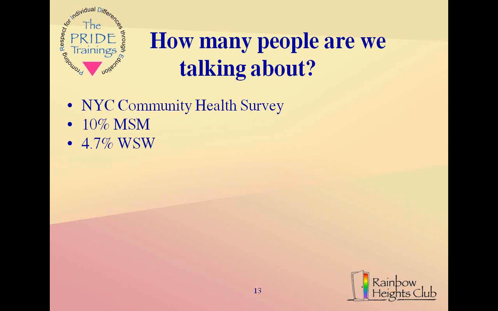Now, why do we use these fancy, irritating acronyms instead of just saying gay and lesbian? Well, the problem with labels like gay or lesbian is that some people feel comfortable saying, yes, I'm gay, and some people don't feel comfortable with those labels. So MSM and WSW is just a way that researchers try to talk about what behaviors people engage in, rather than what labels they apply to themselves.